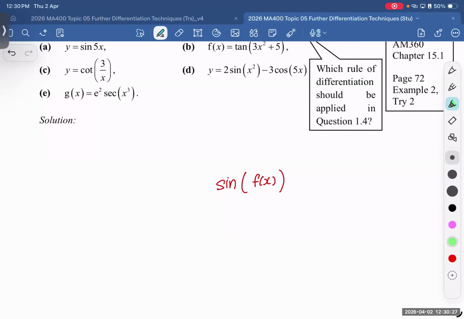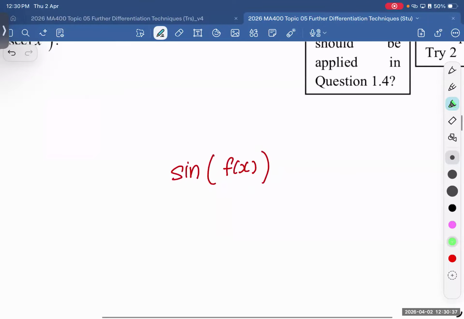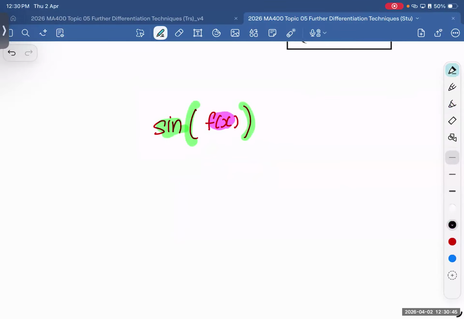It's like peeling an onion, you peel from outer to inner. Layer one is sine, and layer two is f(x).